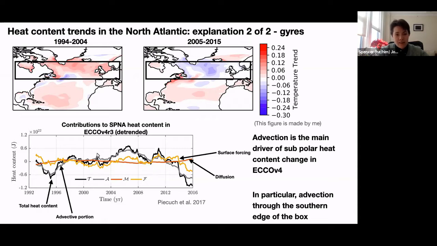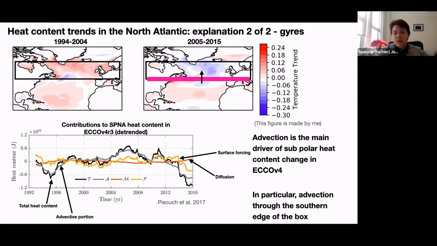The gray line is really following that pattern, whereas the red line, which is the diffusion, and the yellow line, which is the surface forcing, seem to be much less important in ECCO V4r3 at forcing this decadal variability that we've been seeing.